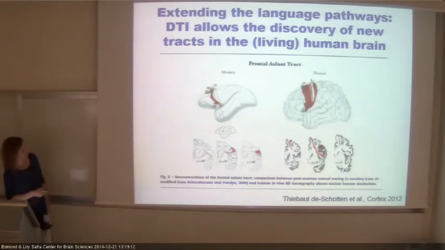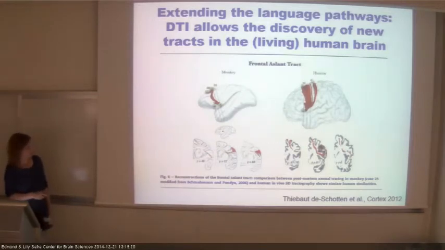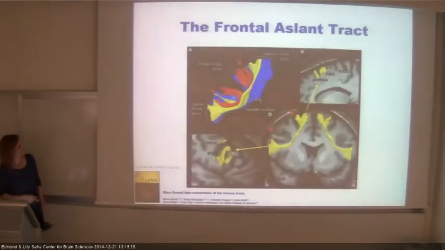But they find it both in atlas data from monkeys provided by Schmahmann and Pandya, but also using diffusion imaging in the human adult brain. And they don't only describe the pathway, they go through a lot of details in describing the pathway, and that's very useful for us when we try to find it again.